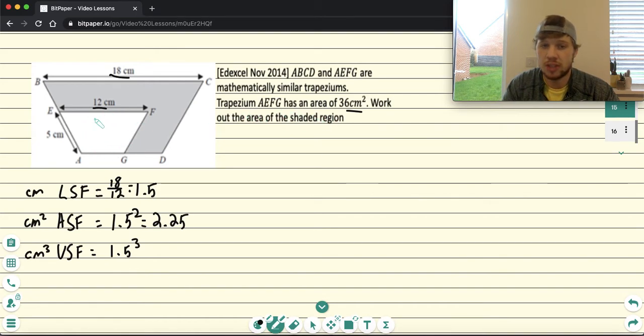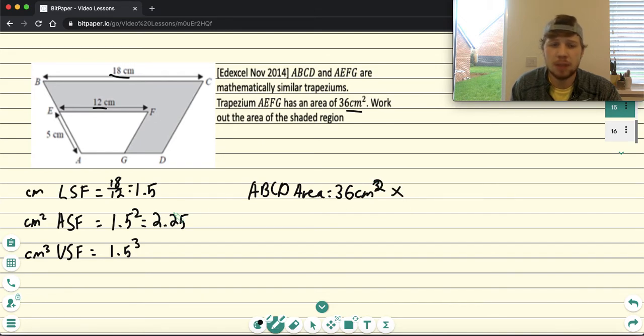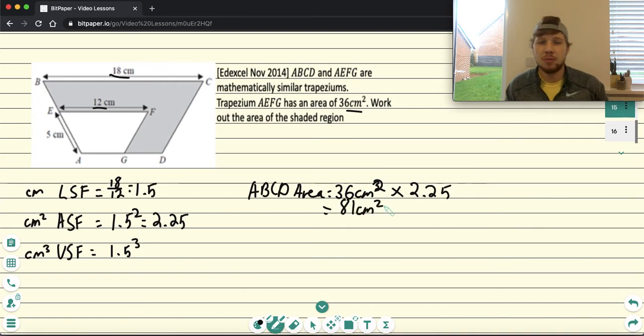Well, if a smaller region has an area of 36 centimetres, the larger region, A, B, C, D, area is going to be equal to my 36 centimetres squared, multiplied by my scale factor, which is 2.25. When I work this out, 36 multiplied by 2.25, it's going to give me 81. And that would be the area of my large shaded region.